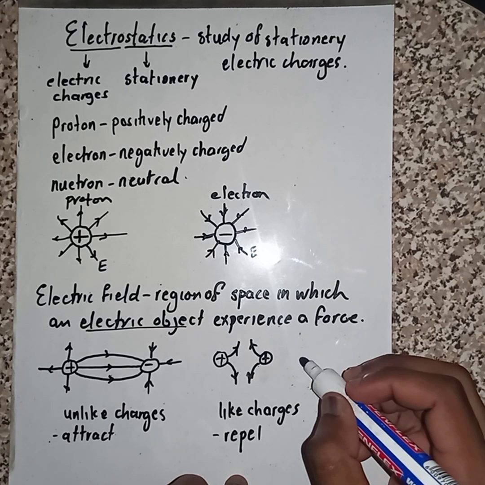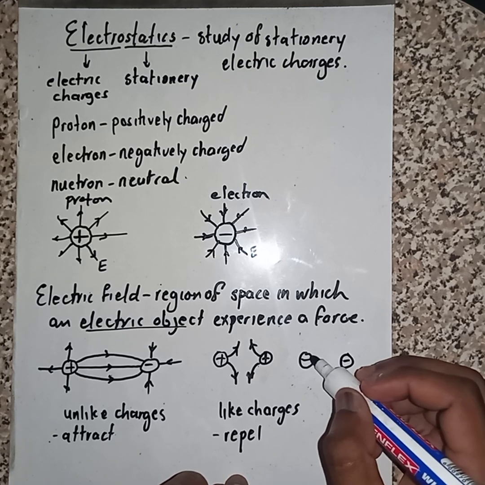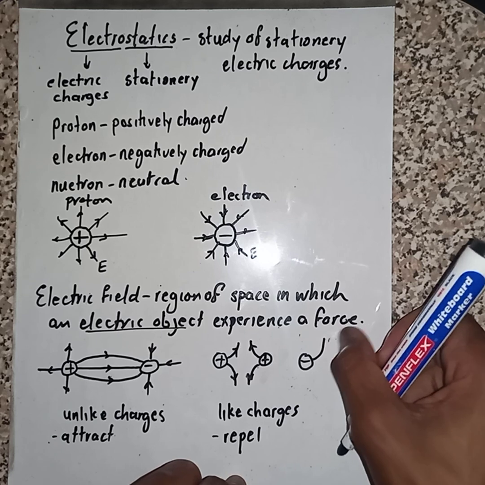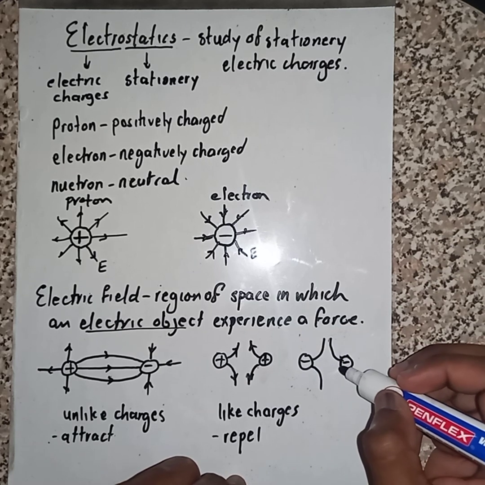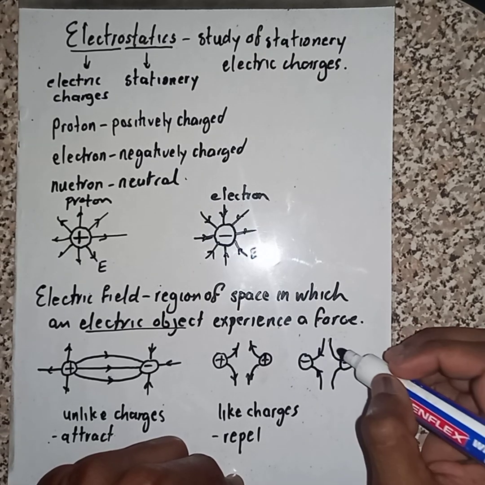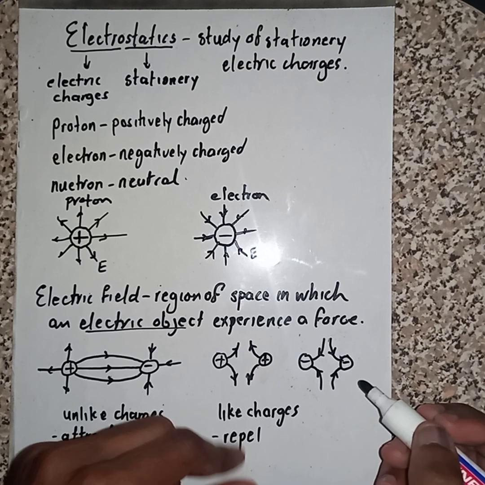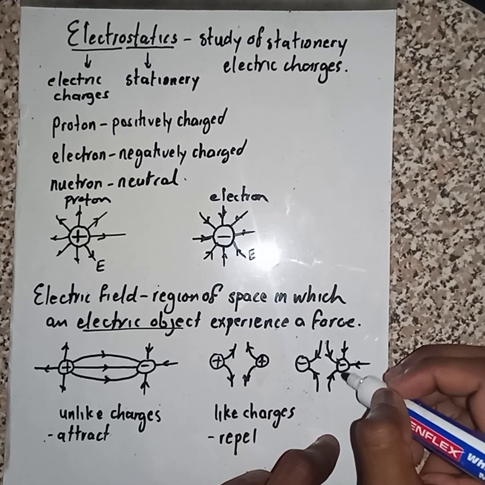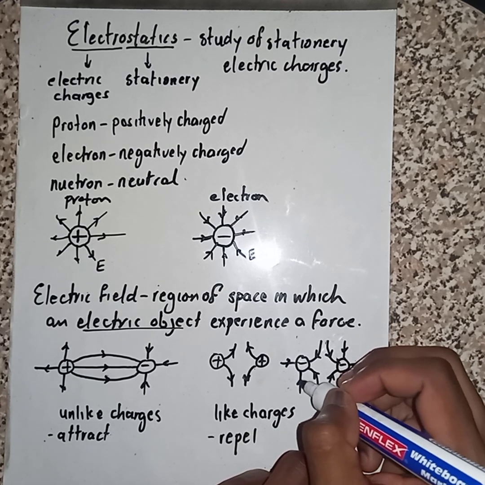Same applies if we had negative charges like this. The electric field will always move inward or towards like this. Eventually what is going to happen? Towards, even this side, towards.